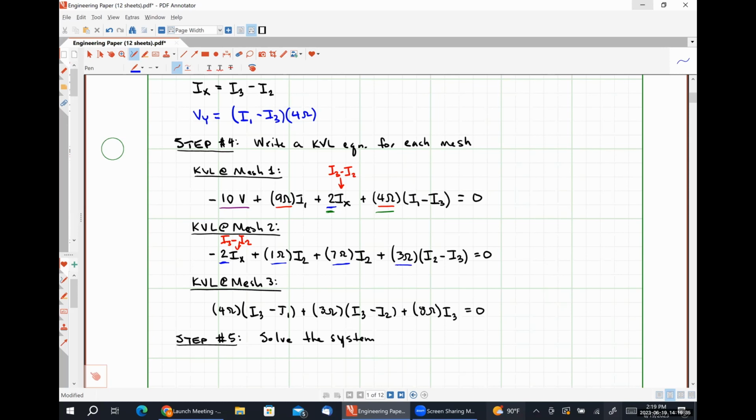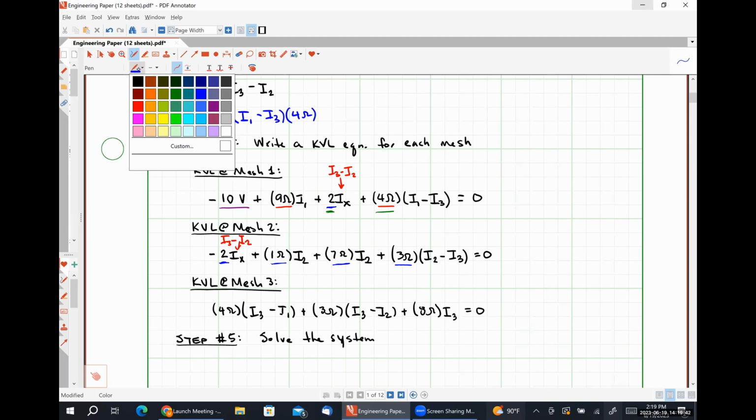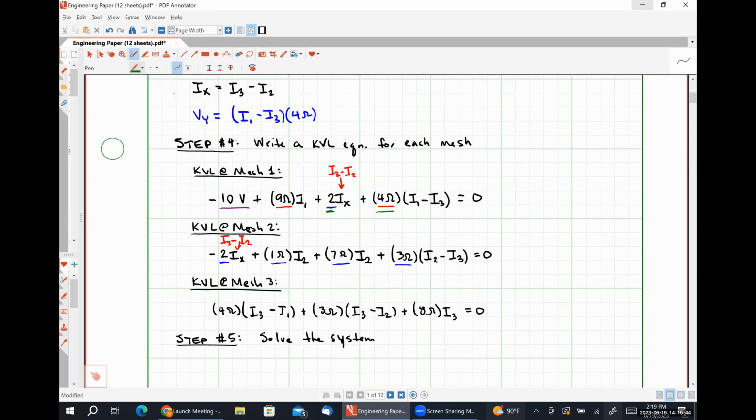So 2 plus 1 plus 7 plus 3. My coefficient for I3, doing that in green, is going to be negative 2 and negative 3. And my constant term looks like it's going to be 0.